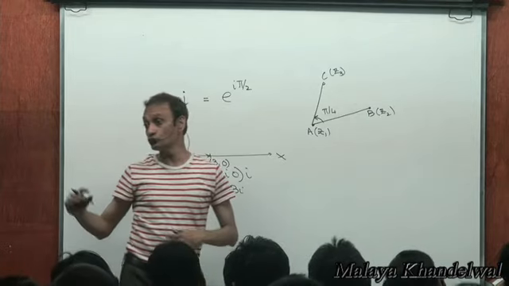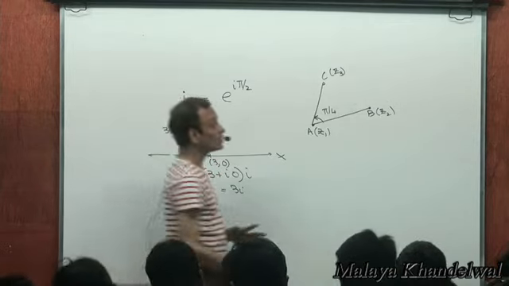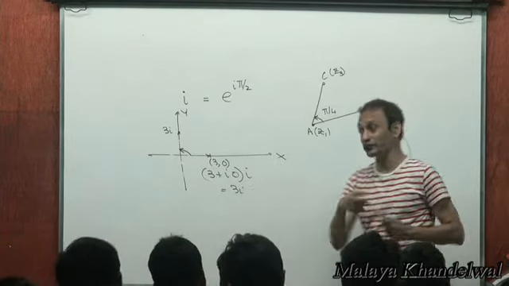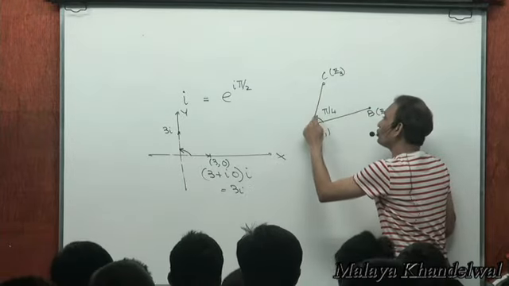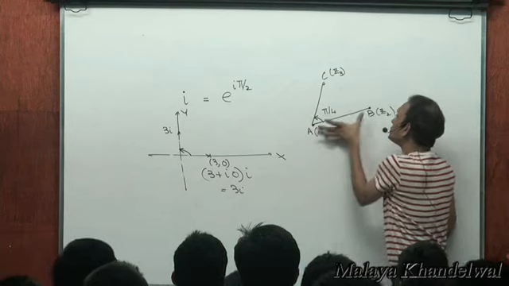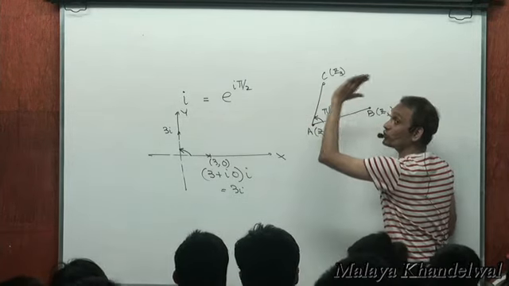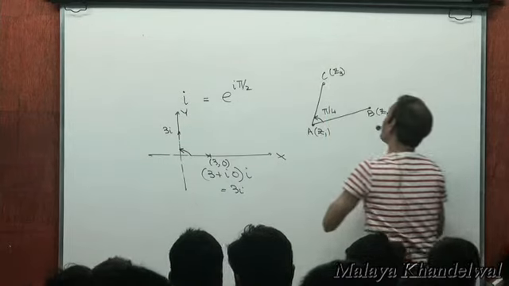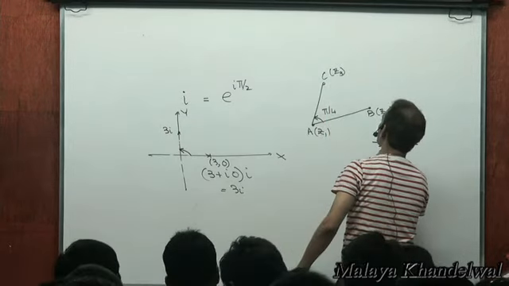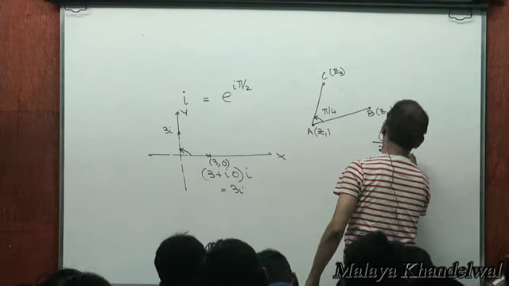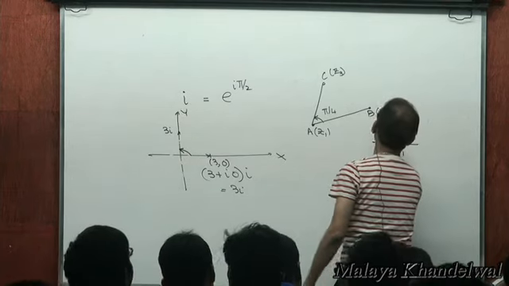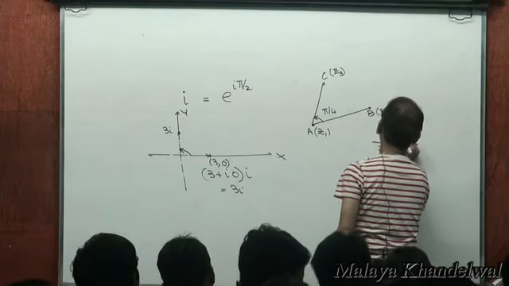Then the way to represent this angle is, what is rotated? The denominator vector. If you want to go pi by 4 anti-clockwise, this must be the denominator vector because the denominator vector is rotated so that it coincides with the numerator vector. The way to read this is z2 minus z1 to be rotated so that it coincides with z3 minus z1.